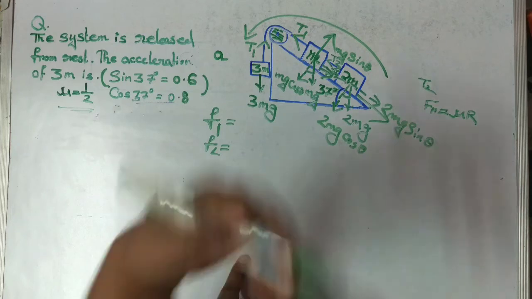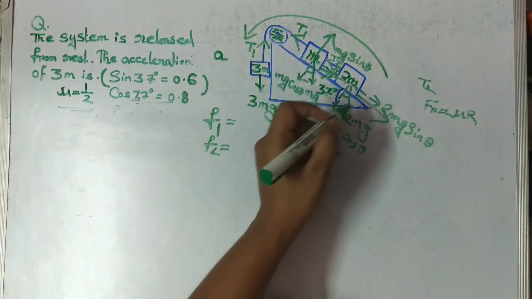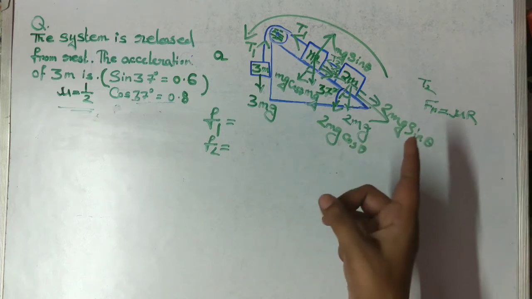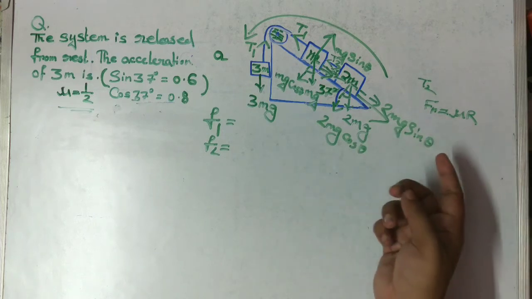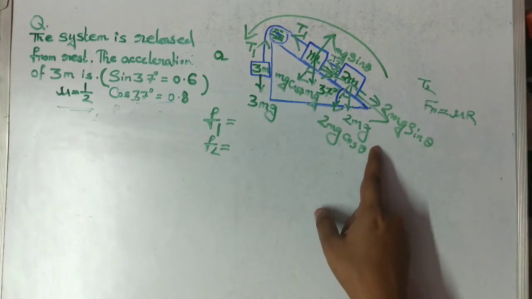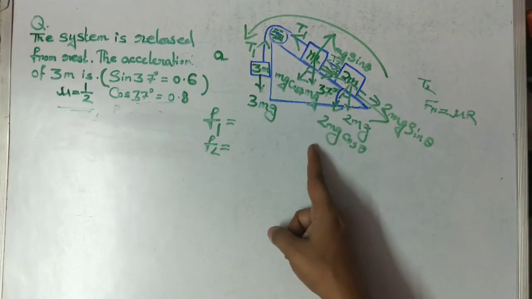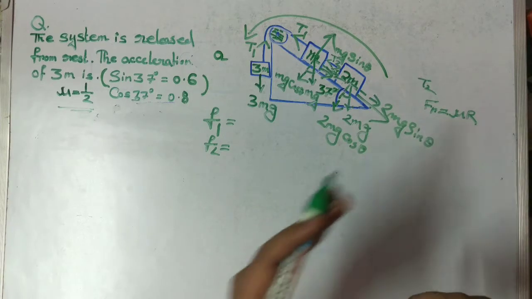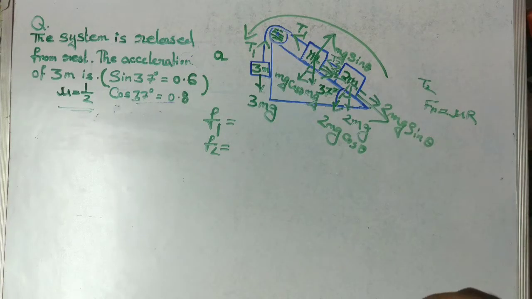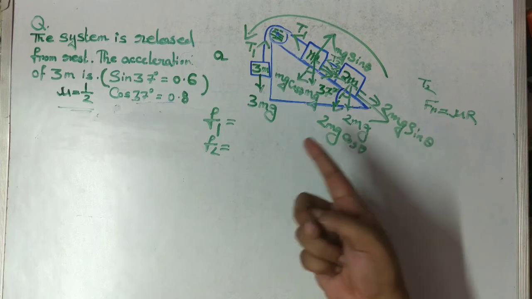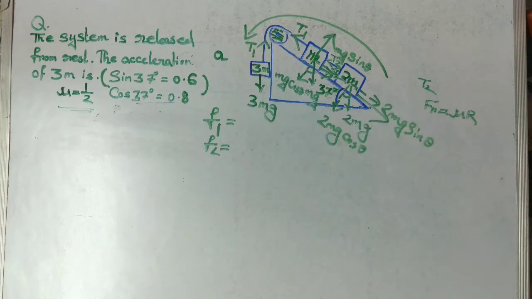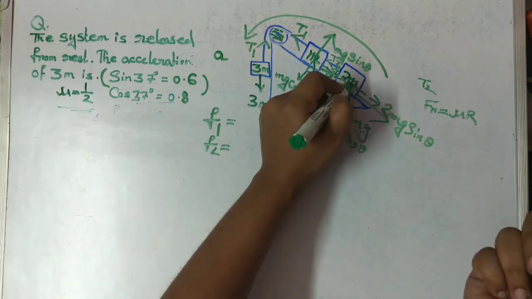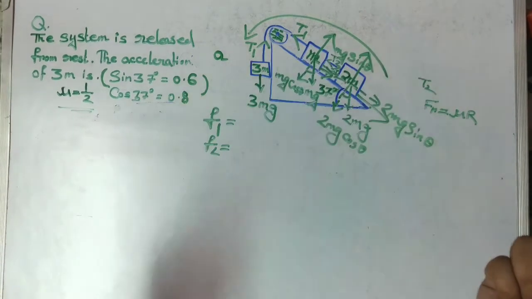And similarly, for the 2m mass, the perpendicular portion of the weight 2mg is 2mg cos theta, so there will be a reaction force toward this side.